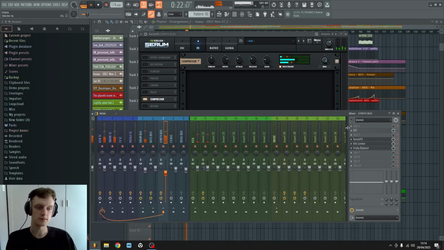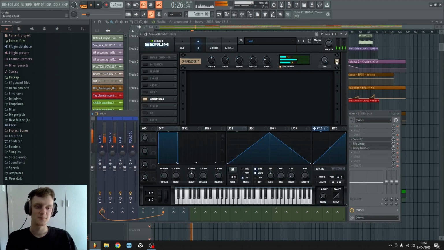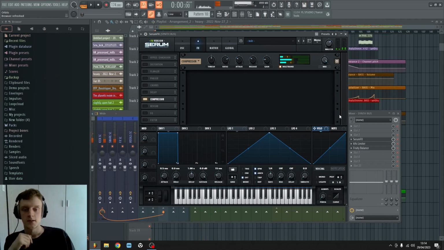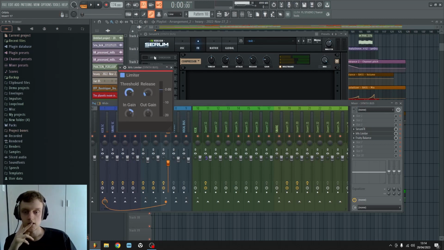I'm aware I've still got the other OTT on there as well. There we go, that's the true reflection of it, because I've got just the correct thing on there now. I don't always do OTT on my synth bus, but I just think in this tune it helped glue everything together nicely. And then just a Kilohertz limiter, cranking it up big time.